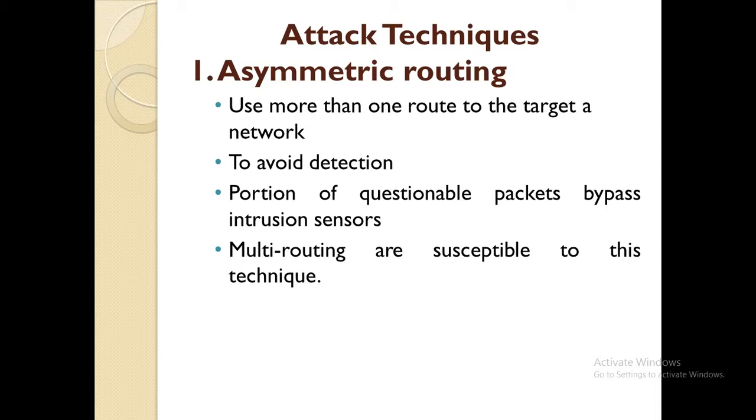So this is asymmetric routing, where it follows a different path, excluding the normal path which an authorized user would use.